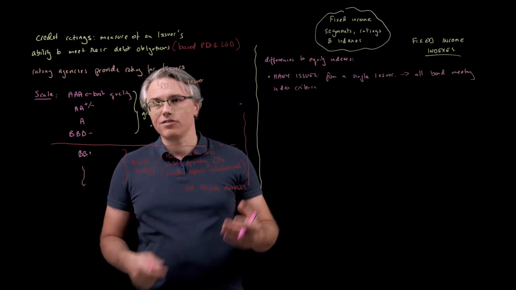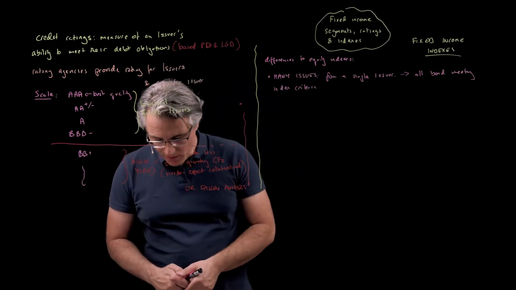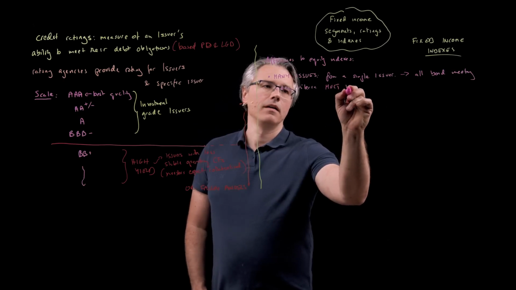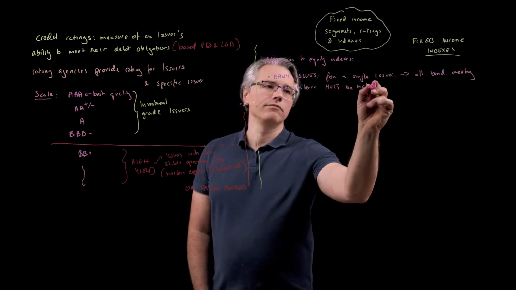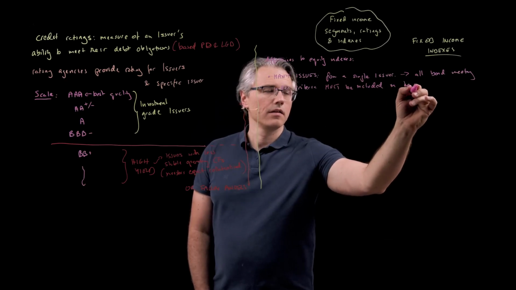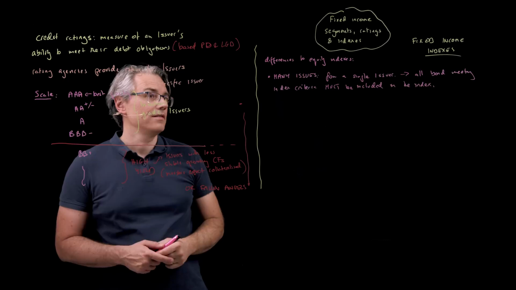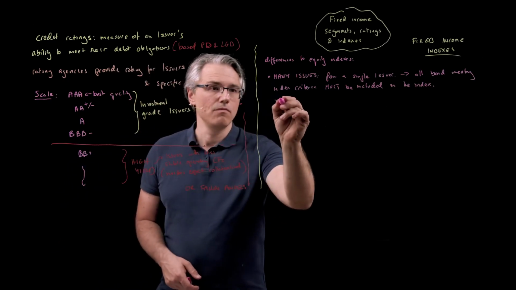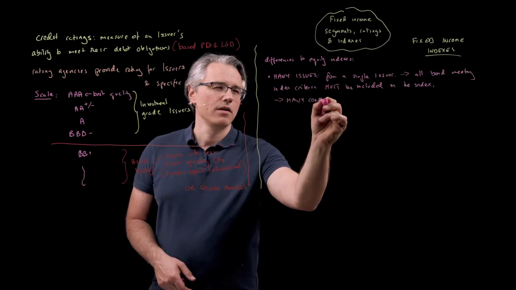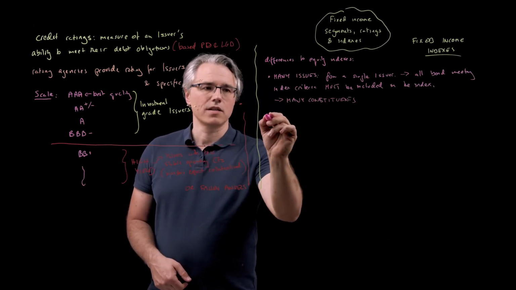So if an issuer has such bonds, you have to include all of them in that index. Must be included. You can't just rule something out in the index. Hence, the idea of many issues or many constituents. Constituents are the members of an index. Good.